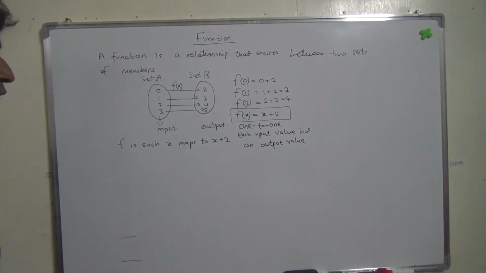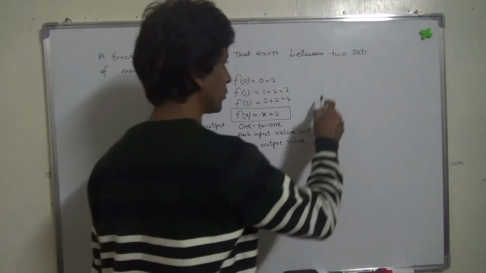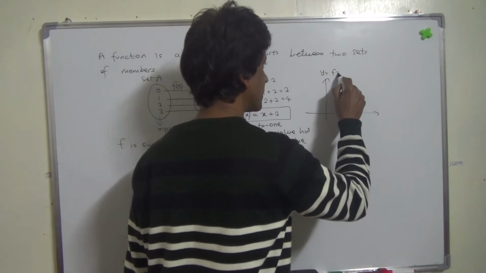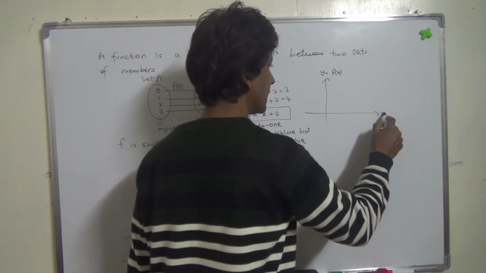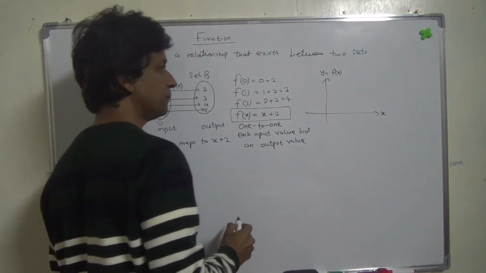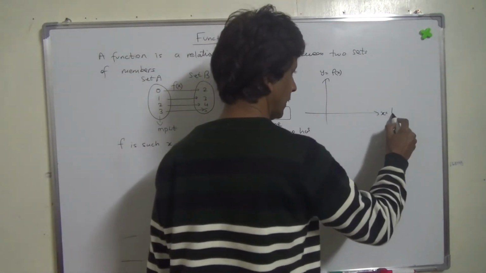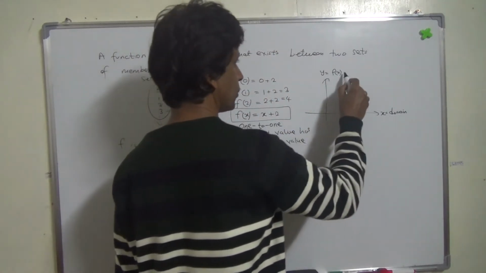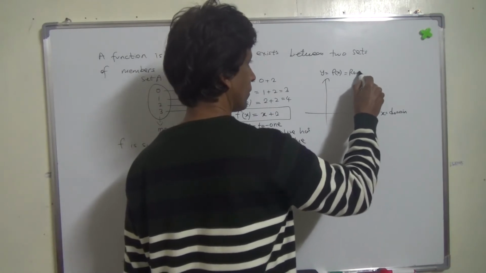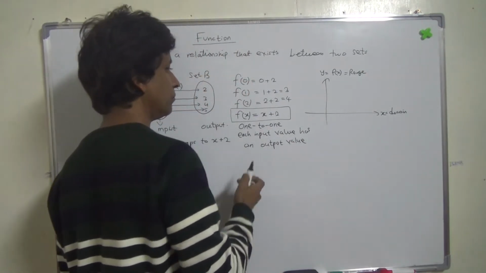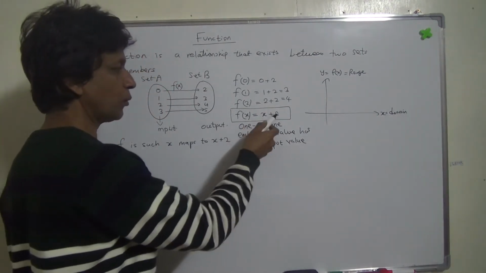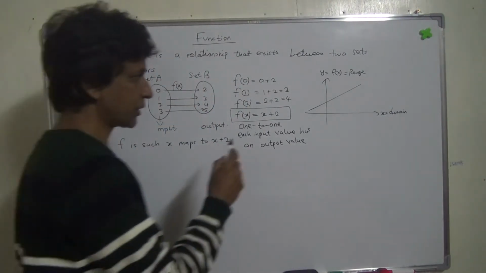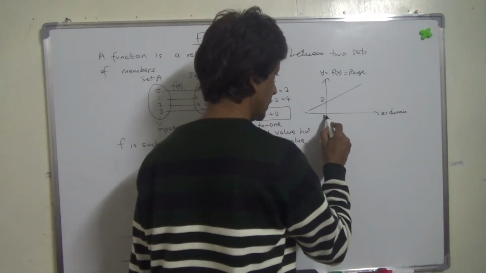And to understand this further, we can illustrate this by drawing the line itself. Here is our function y is equal to f(x), and this is the x-axis, which is often called the domain. And this is called the range. Now, because this is x plus 2, clearly it crosses the y-axis at 2. So our line is going to look something like this, and 0 gives us a value of 2.